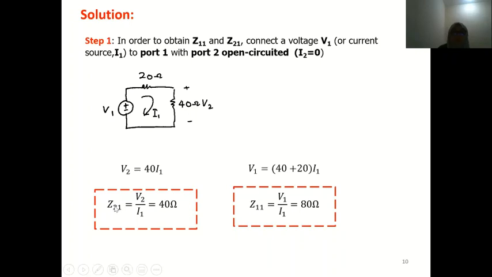Since we know that Z11 is equal to V1 divided by I1, Z11 is equivalent to 60 ohms. Whereas Z21 is V2 divided by I1, which is equivalent to 40 ohms. So now your Z11 is 60 ohms and your Z21 is 40 ohms.